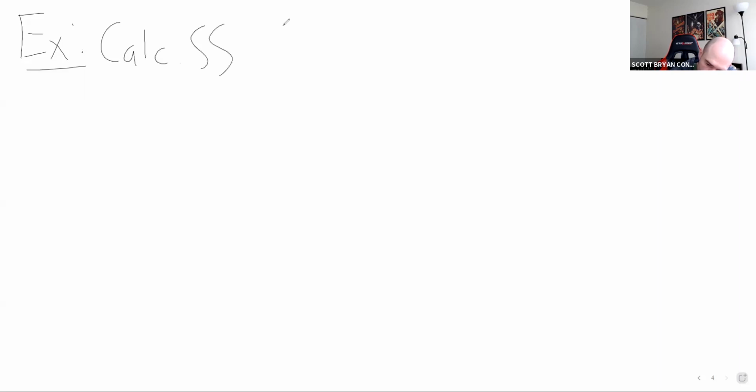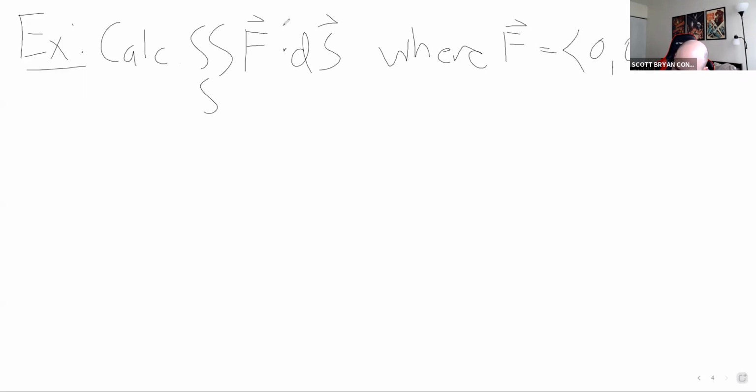So let's calculate the integral over the surface S of the vector field F, where F is the vector field 0, 0, x.